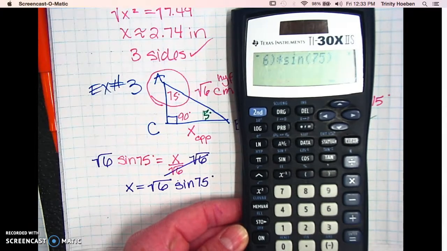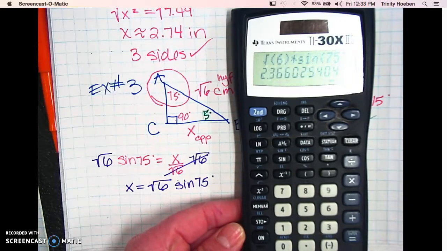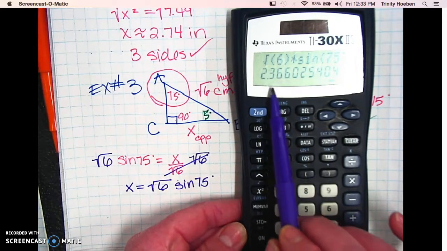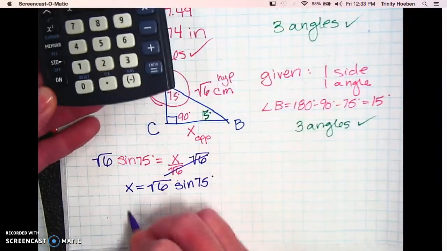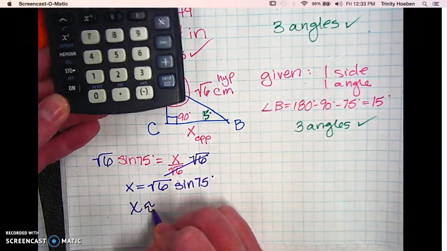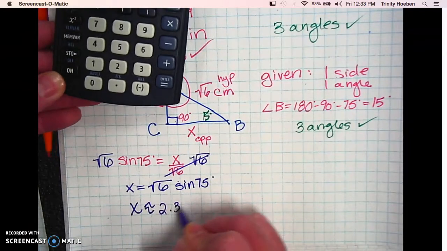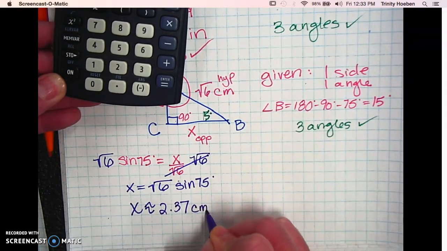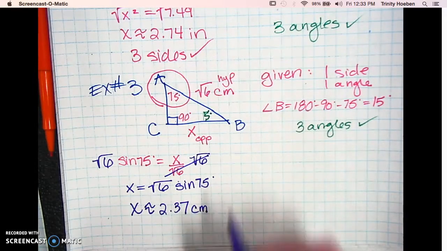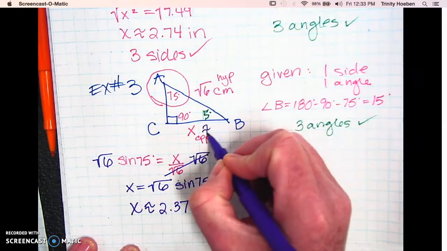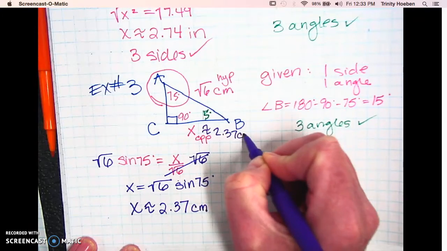Hit the equal sign, and it's going to give you this big long decimal, round to the nearest hundredth. So we've got 2.36. Next to it is a 6, so we're going to round up. And that's going to be approximately equal to 2.37. And this one is in centimeters. So that's this side, approximately 2.37 centimeters.